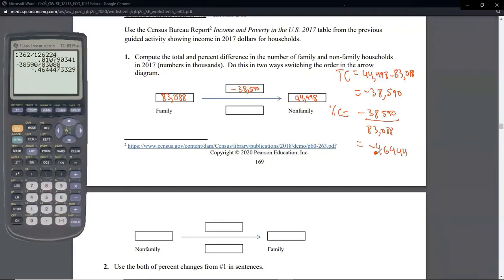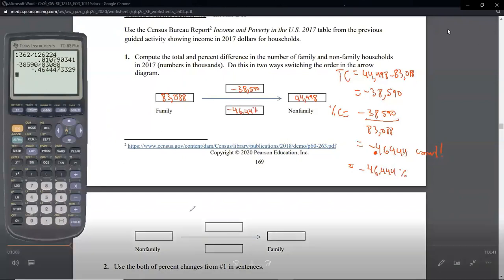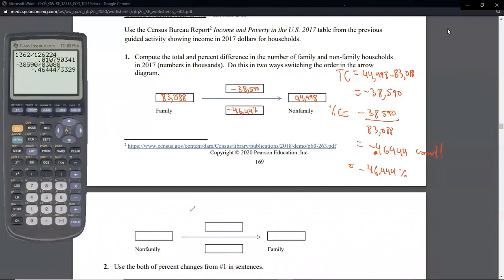Oh, I forgot to put my 0 there, but negative 0.46444. We have to convert this. So that decimal going right twice makes it negative 46.444. Let's just round this to 2 decimal places like last time, so negative 46.44. And that's a percent now. So that says if you think of the family as the base value, the non-family is 46.44% less than the family as a change.